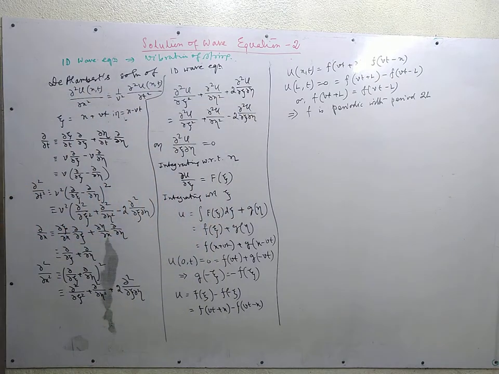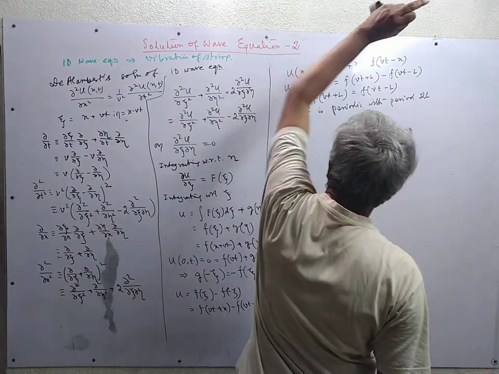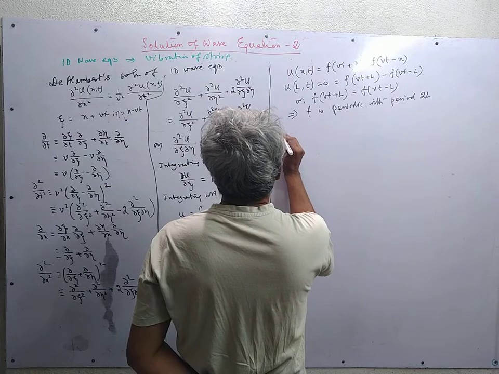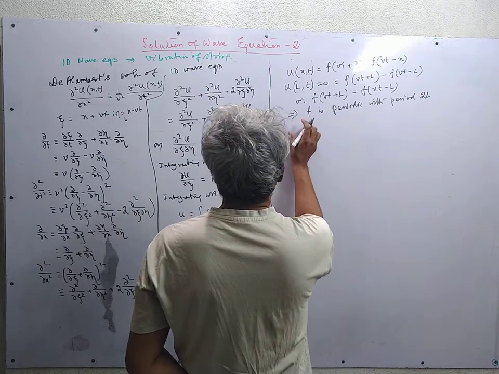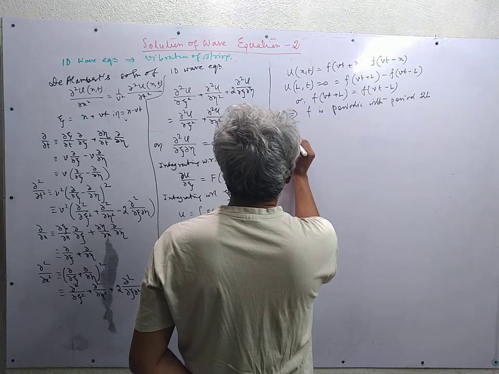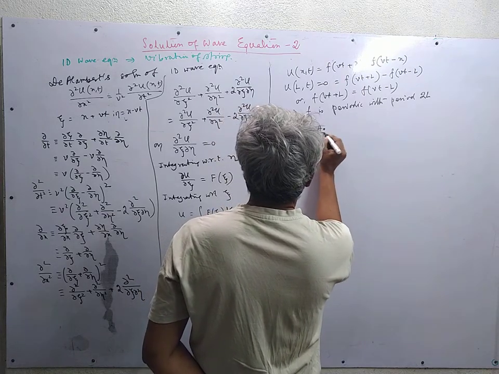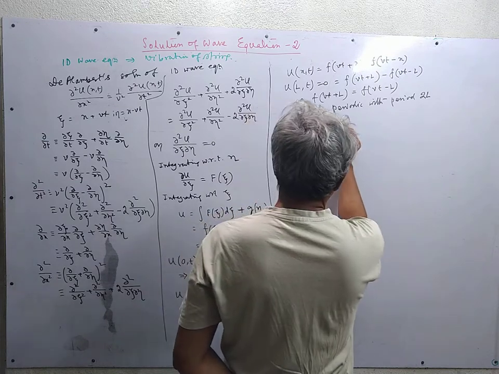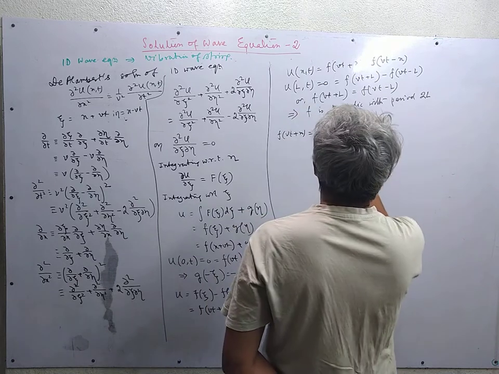So if this is so, we can expand f of x t and f of minus x t in Fourier series. So we expand f of vt plus x as a0 by 2 plus summation over n is equal to 1 to infinity.